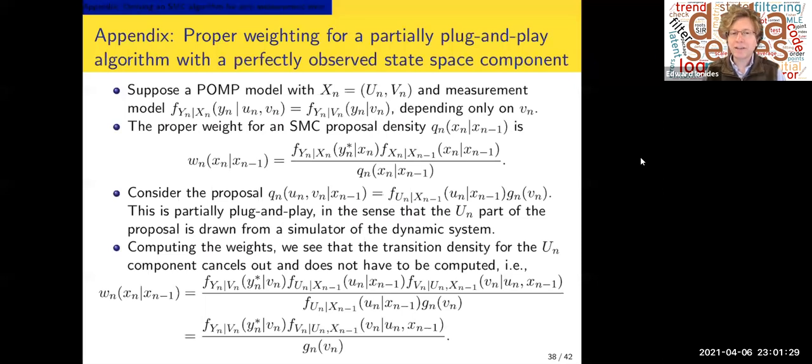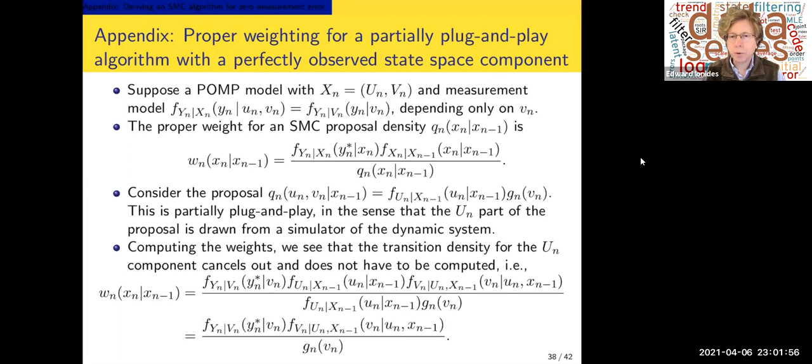And so it's really nice to set this up so that those things cancel, and then we don't have to evaluate the transition density. But here, we're playing a slightly different game, because we are going to suppose that the state has these two parts, u_n and v_n, and our measurement model depends only on v_n.